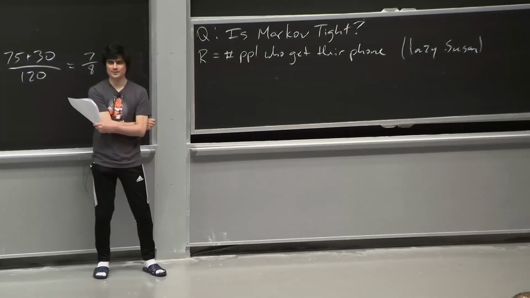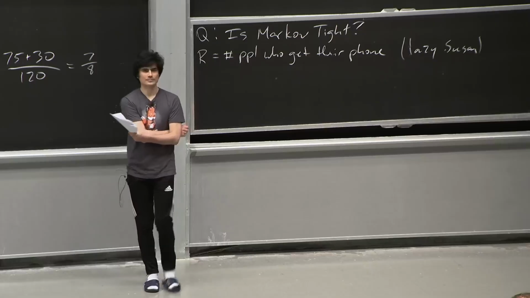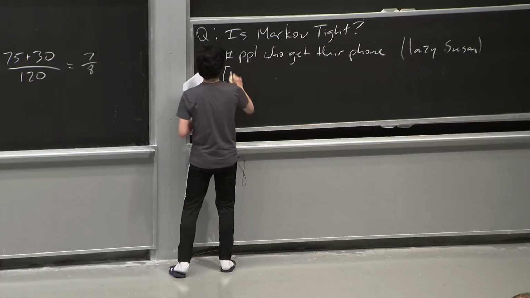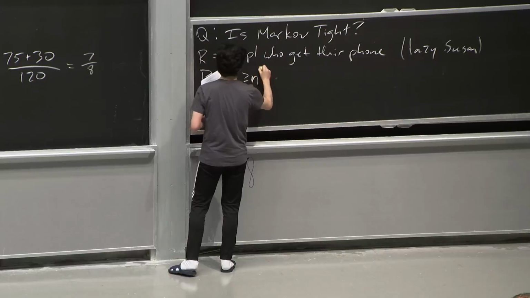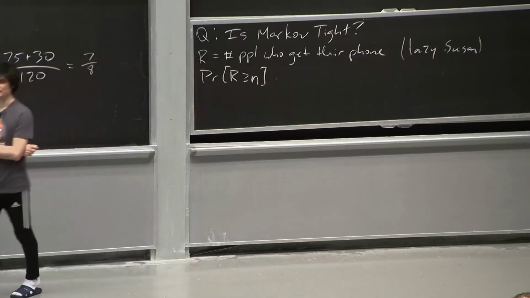If everybody gets their phone back, that's R equals n. What does Markov tell us about this probability?